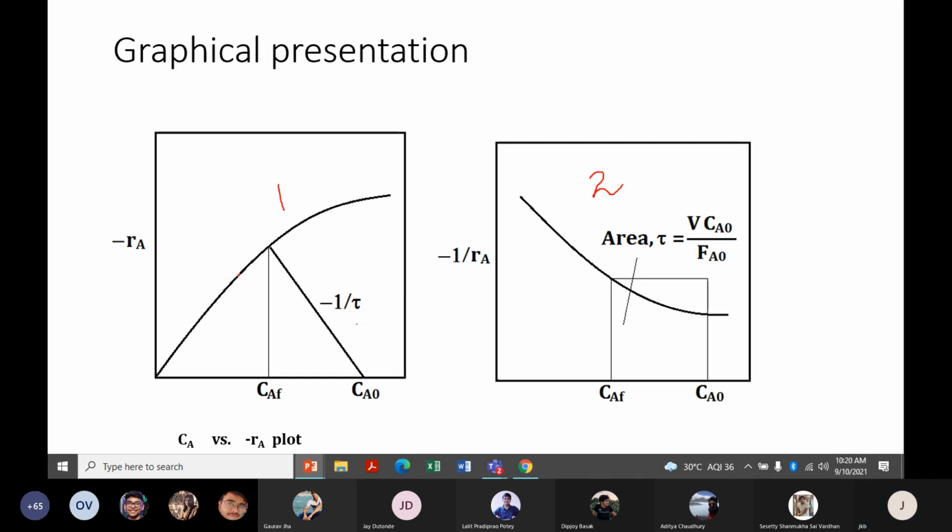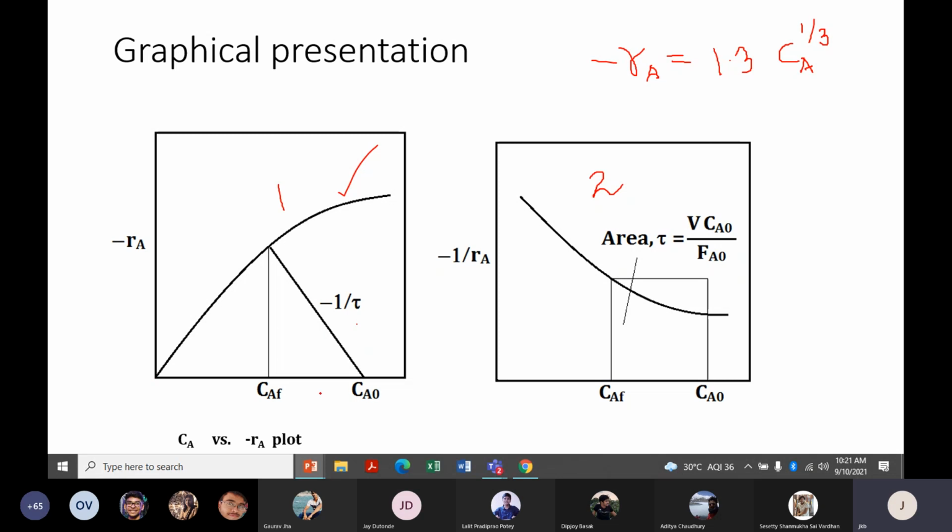Giving an example: minus rA is equal to 1.3, this is the rate constant, times CA to the power 1 by 3. So what is the rate equation? 1.3 CA to the power 1/3, a fractional order. We can plot it, and this plot is given here. This is the rate versus CA plot.